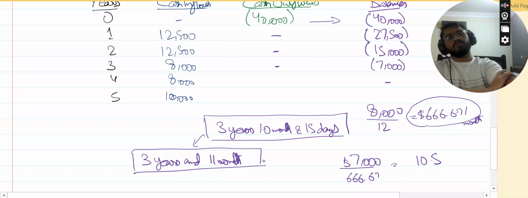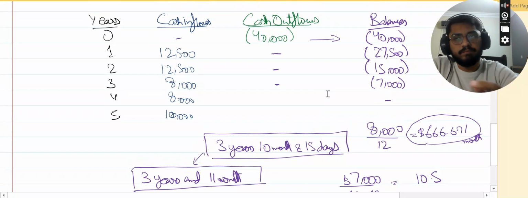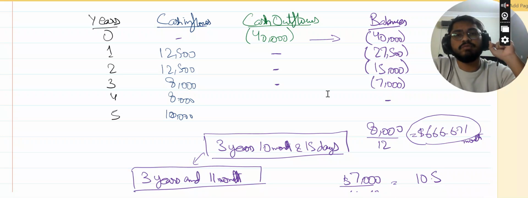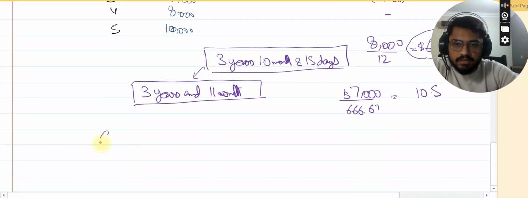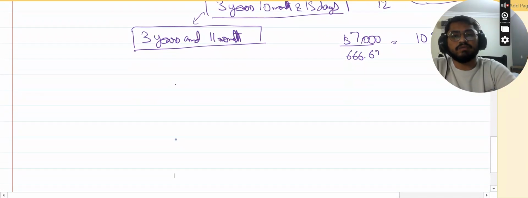Okay, hopefully you are able to understand how we calculate the payback period. Now, a key difference that we have noted from the accounting rate of return was that in payback period we use the cash inflows, while in the accounting rate of return we use accounting profits. Let's note some of the differences.